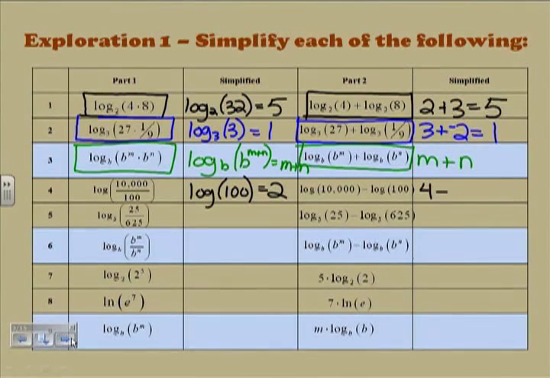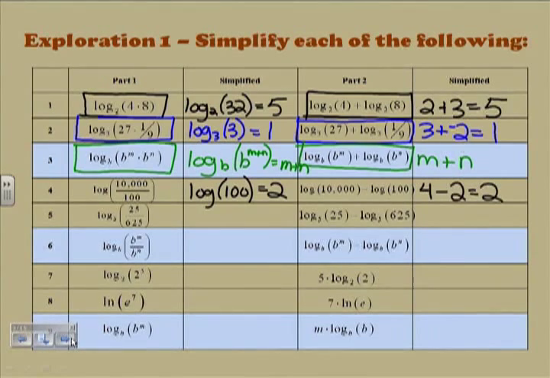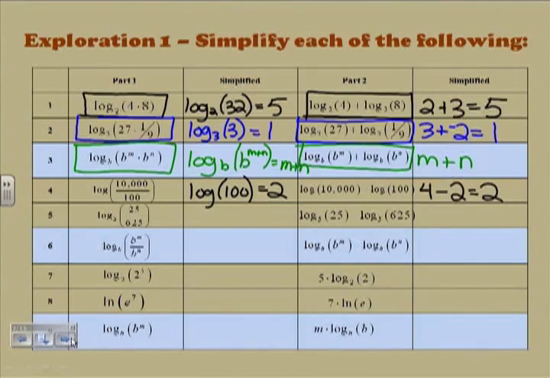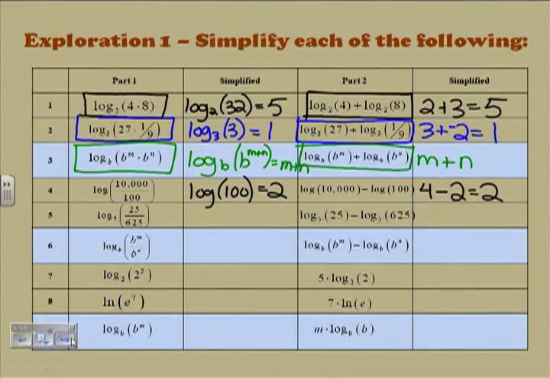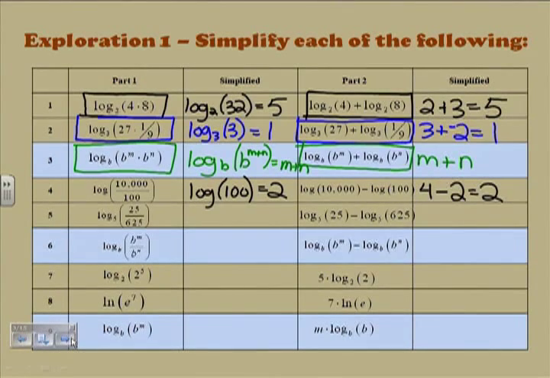Minus log of 100 is 2. And we get 2. So now the situation's a little different. I'm not multiplying inside, I'm dividing. And when I divided, I got the same answer as if I took log of each of them and subtracted. That's kind of making everything roll here.